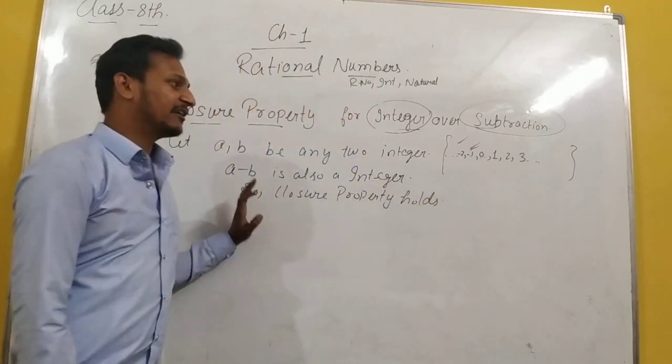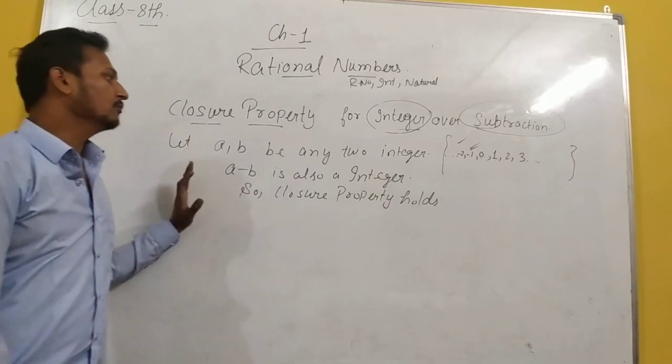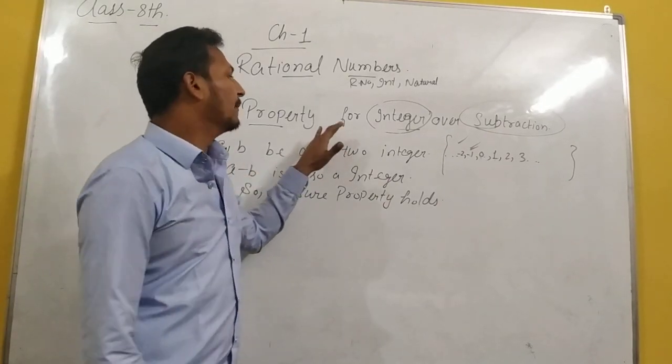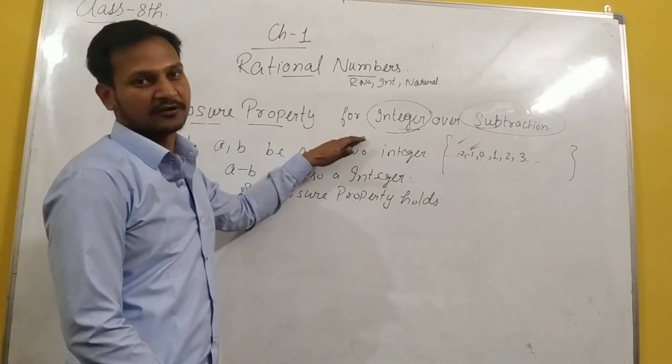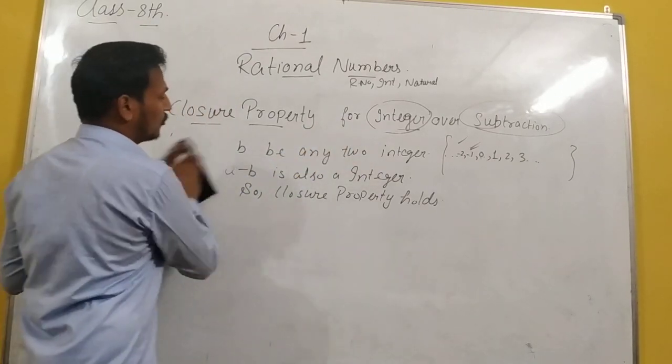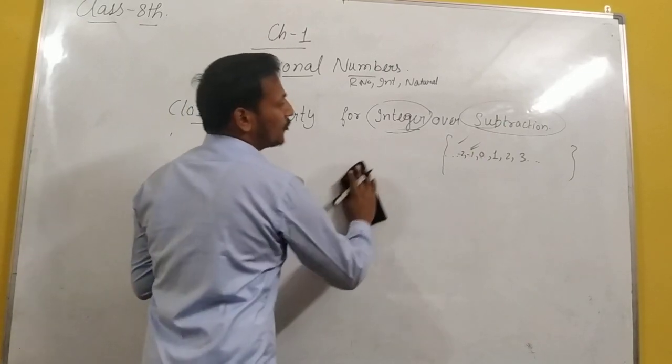I told you that it will be a difficult thing for you for the starters. But if you try to understand it once, you will definitely get it. Okay, so now it's your homework.